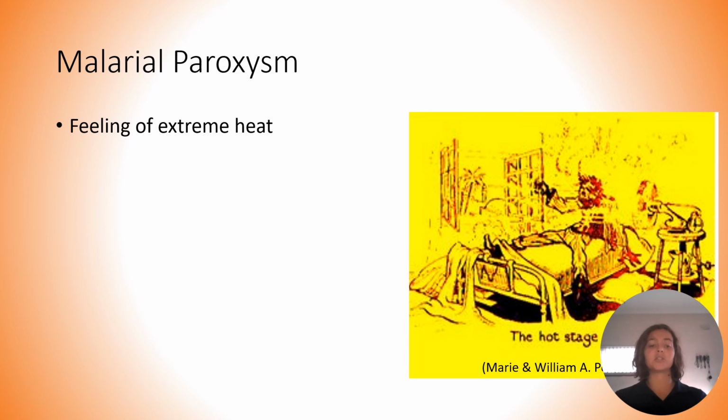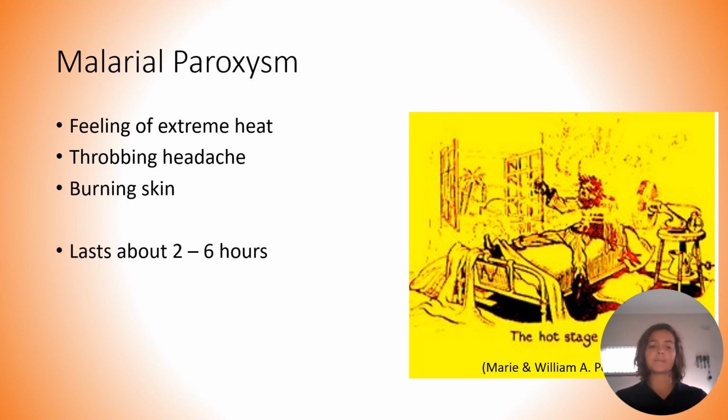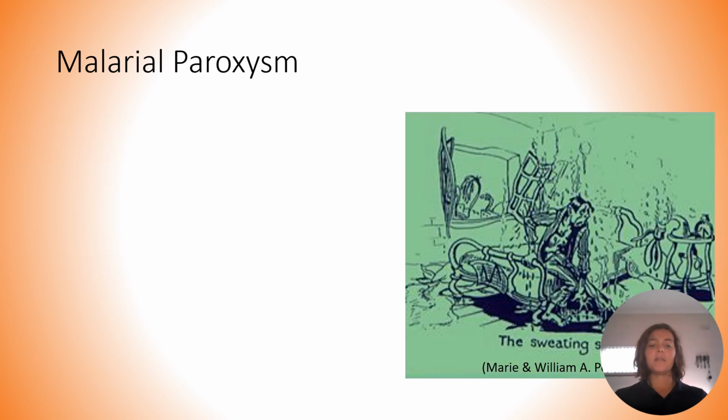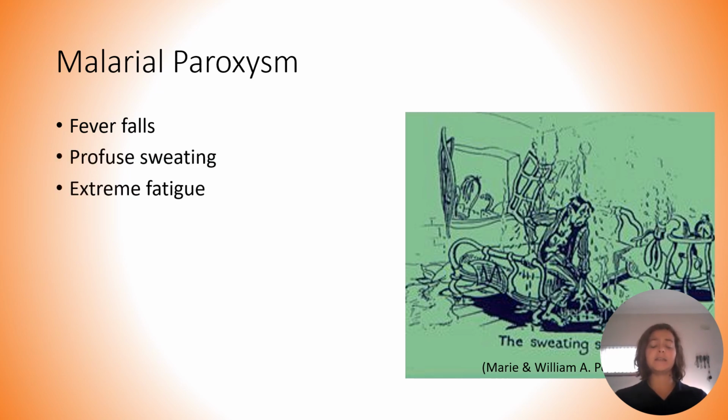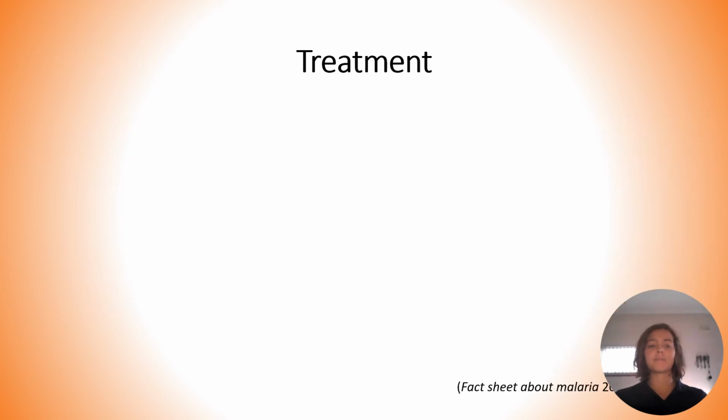This is the feeling of extreme heat. The headache becomes throbbing. The skin feels like it's burning, and it lasts about 2 to 6 hours. The third stage is known as the sweating stage. This is when the fever falls, there's profuse sweating, extreme fatigue, and it lasts about 2 to 4 hours.